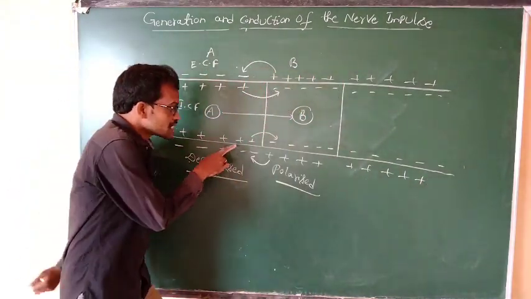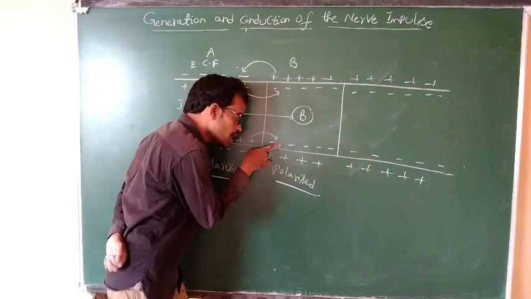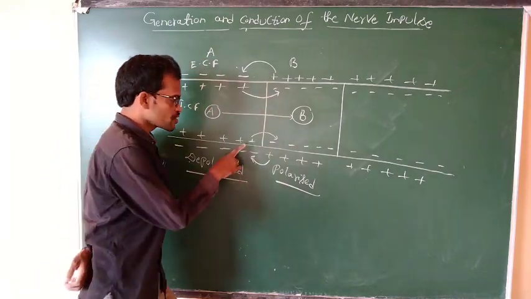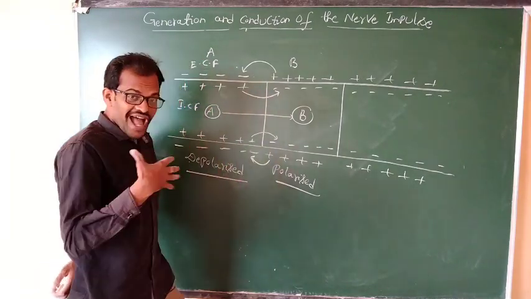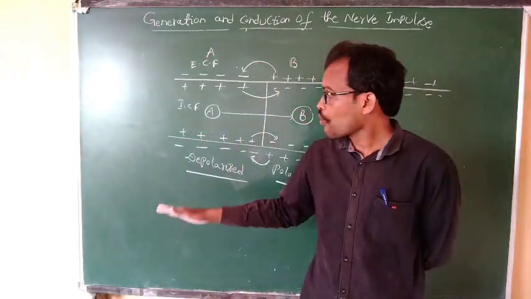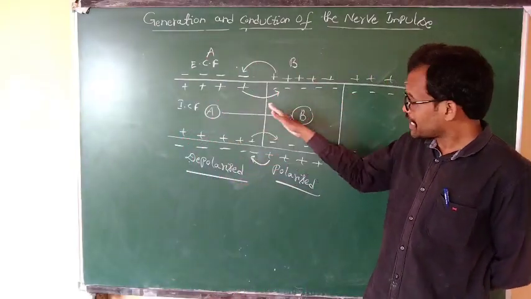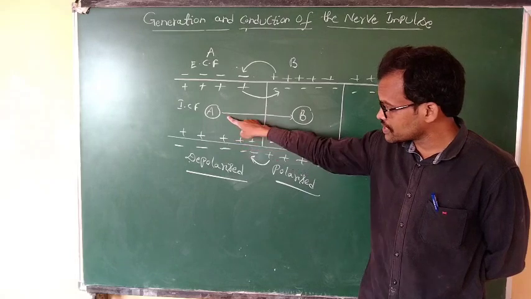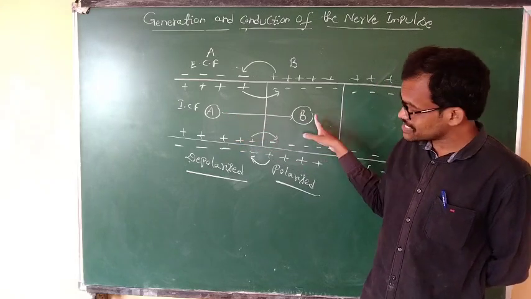For example, the positive ions jump from one membrane, one fiber, to the next one.